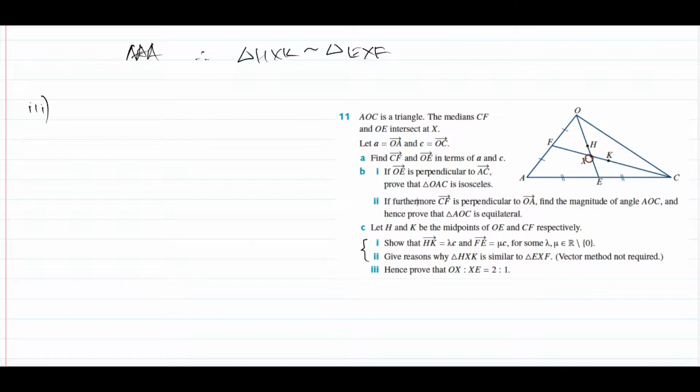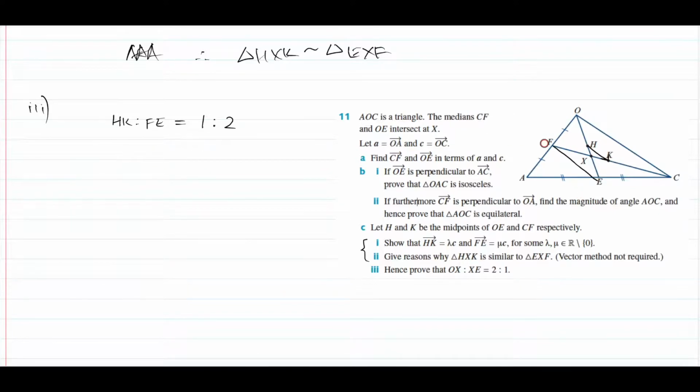We know that vector HK was 1/4 of vector C, and FE was half of vector C, which means that HK in the ratio to EF is 1:2. So if HK was 1, FE would be 2.